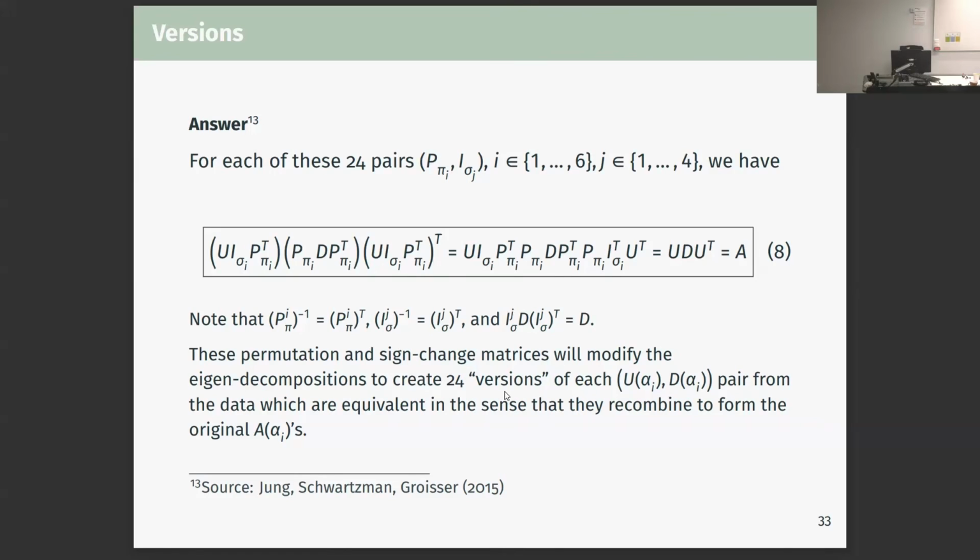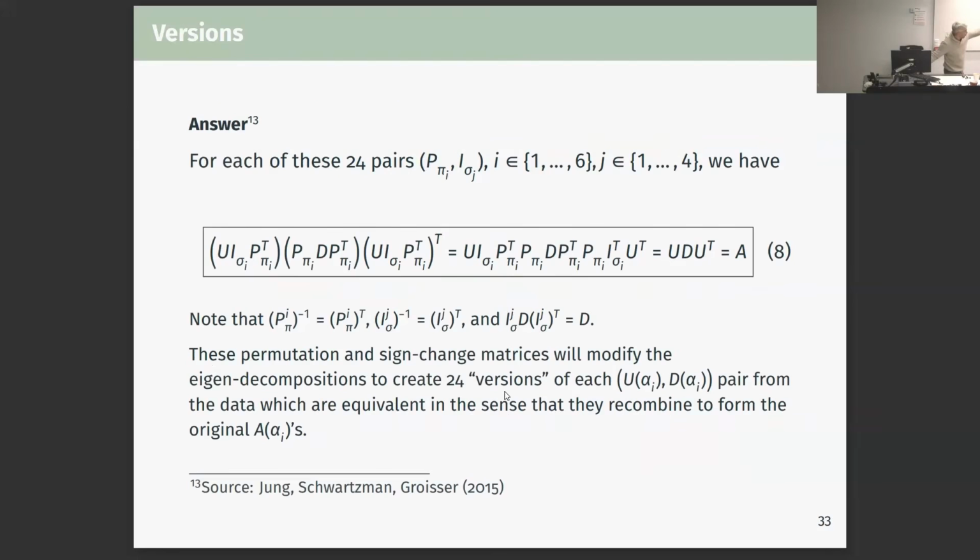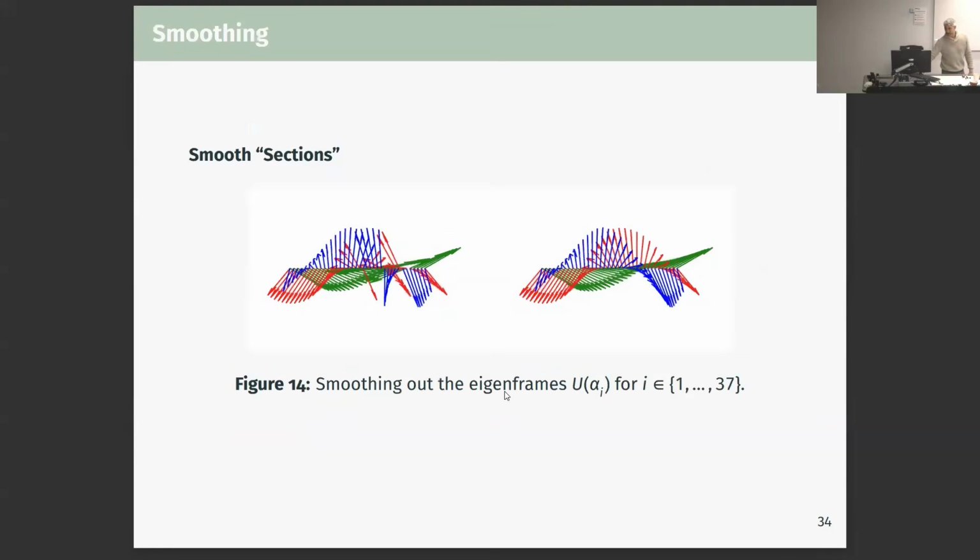Depending on your point of view, it's an annoyance or it's interesting, but you get 24 of these permutations and sign changes, which when you multiply them out, equal the same matrix. So you have to account for this. What you end up getting is a rough field of vectors, and you have to smooth it out.